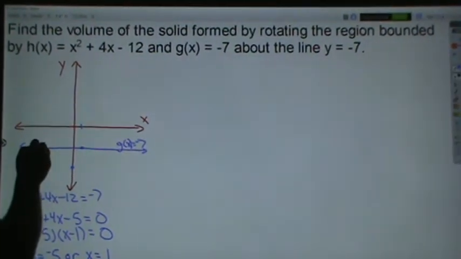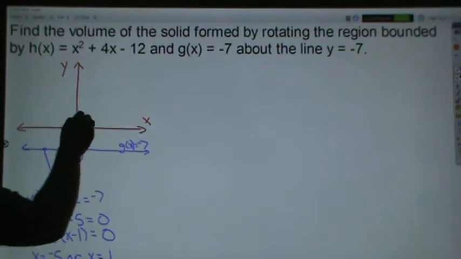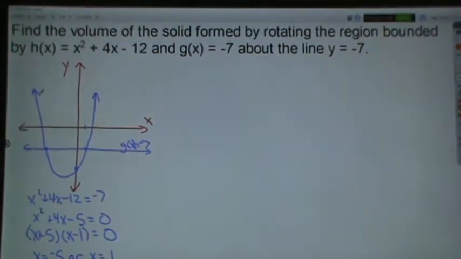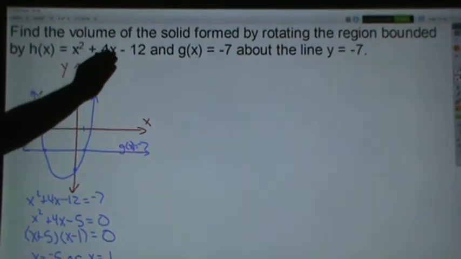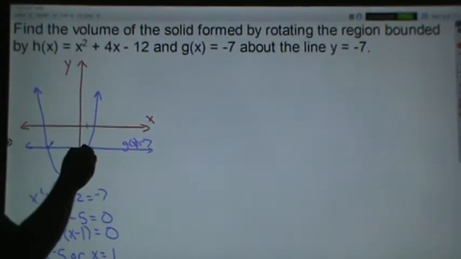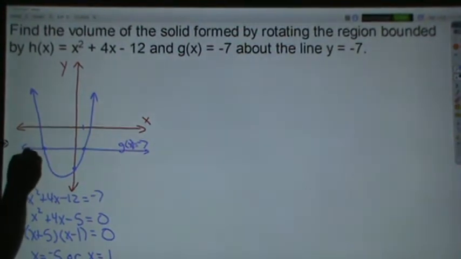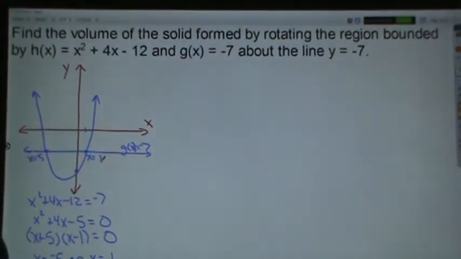So I'm going to have a parabola that goes about like this. It really doesn't matter to me where it hits the x-axis. I could solve and set x squared plus 4x minus 12 equal to 0, but I don't really care about those intersections. I care about these intersections, where x is equal to -5 and where x is equal to 1.